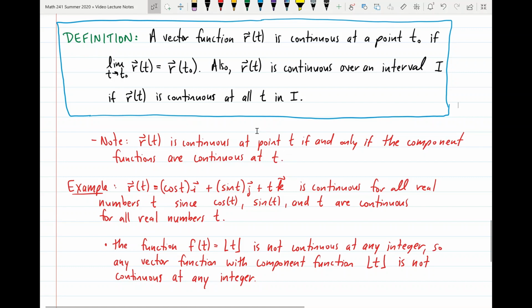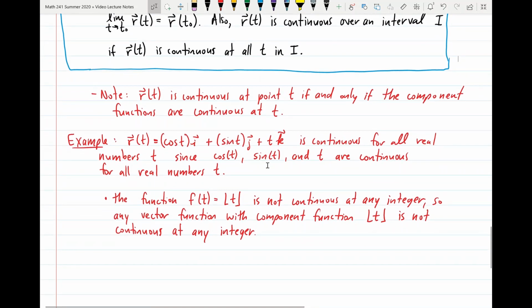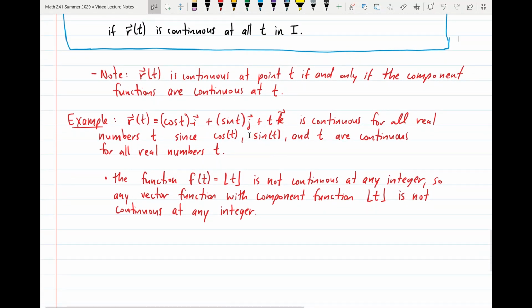To find the limit for our vector function r of t, we took the limit of the components, and now I'm saying that to show that a vector valued function is continuous, we just have to check that the component functions are continuous. So let's give an example.